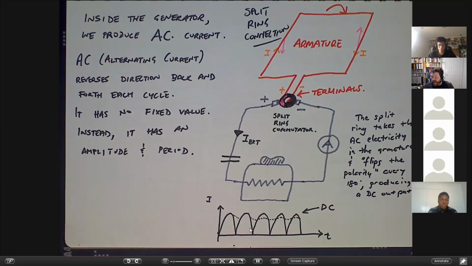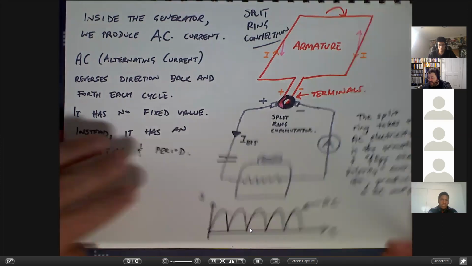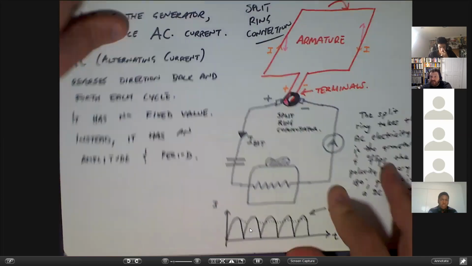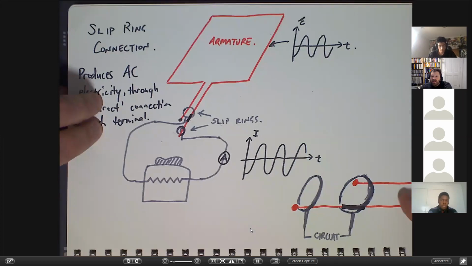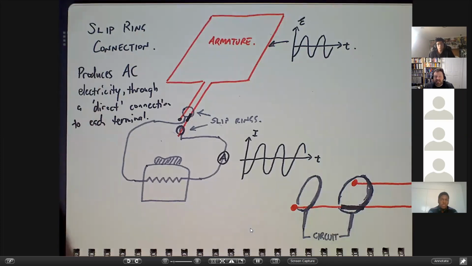On the other hand, AC. The reason we use AC, and the reason Nikola Tesla won the current wars, so the electricity that's coming through your power points is AC, is for two reasons. One, this sort of situation is much more stable. It doesn't degrade as quickly. It's simpler. You just have two rings and they just sit there.